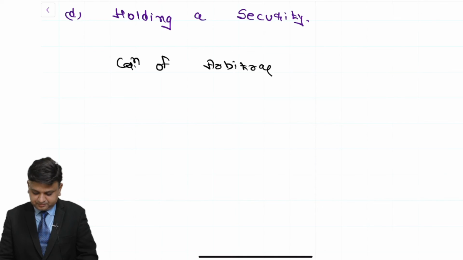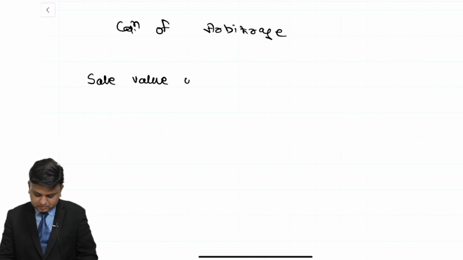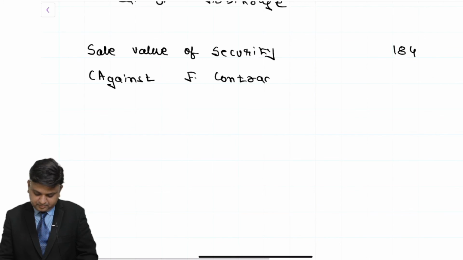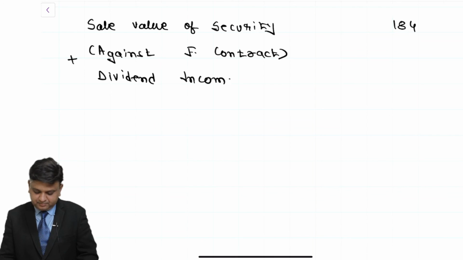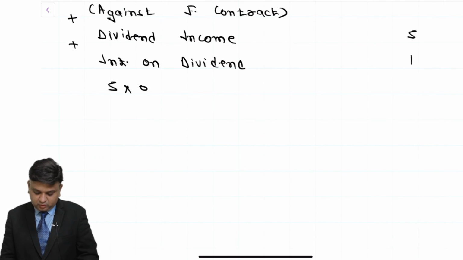Calculation of arbitrage. Sale value of the security 184 against the F contract, bracket over, plus dividend income rupees 5 plus interest on dividend, that is 5 into 24% into 10 divided by 12.